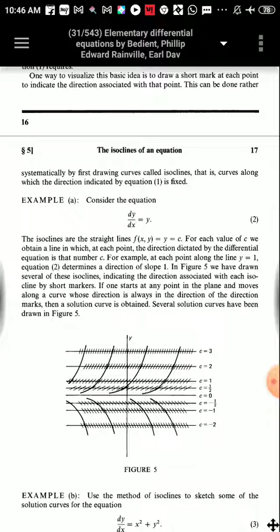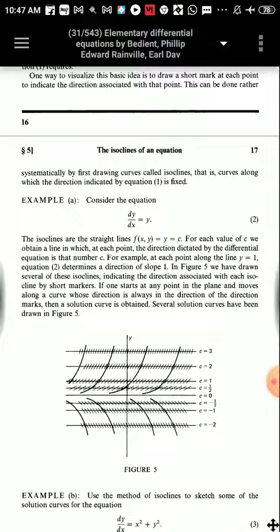For each c, we obtain a line in which at each point the direction dictated by the differential equation is that number c. For example, at each point along the line y equal to 1, equation 2 determines a direction of slope 1. In figure 5, we have drawn several of these isoclines, indicating the direction associated with each isocline by a short marker.